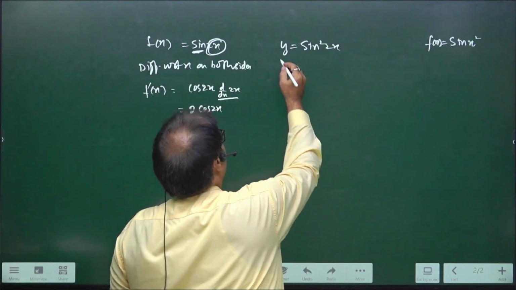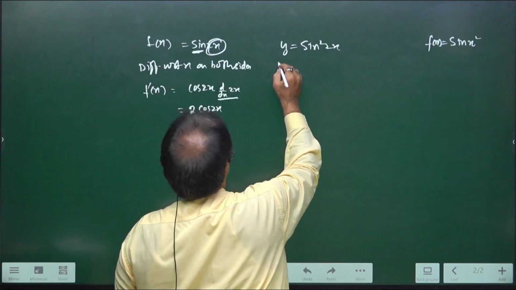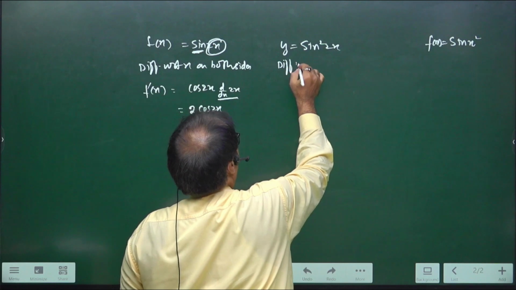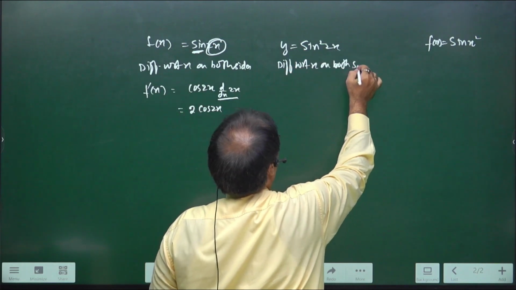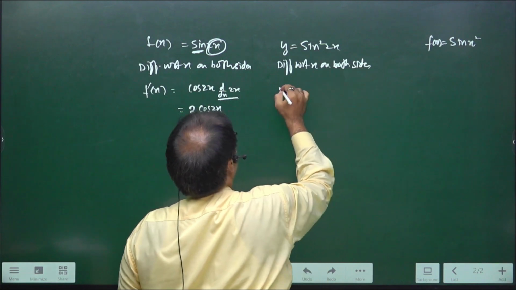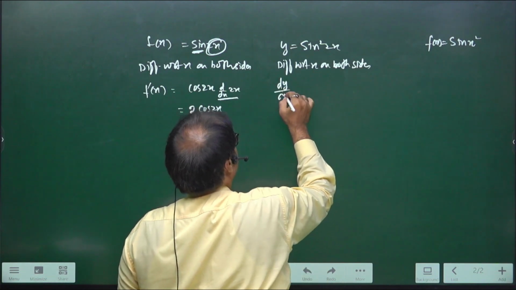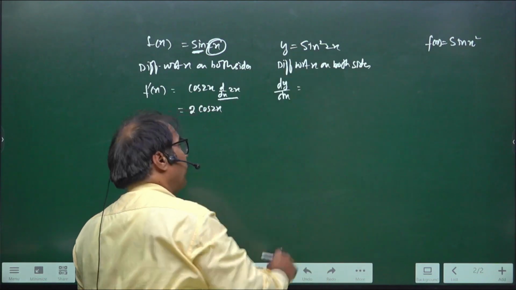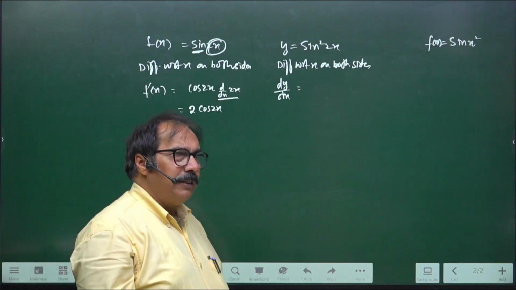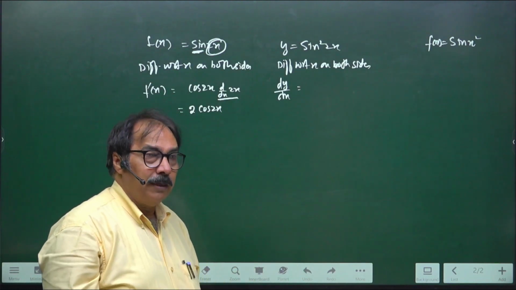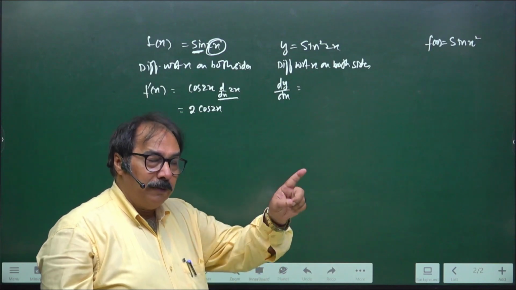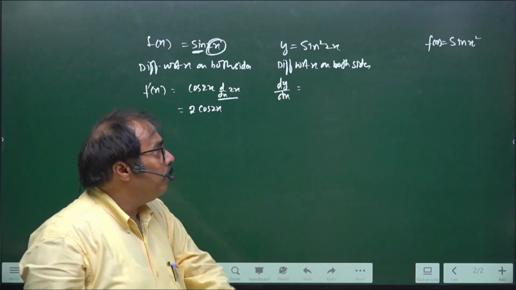Now here y is equal to, differentiate with respect to x on both sides. So y means dy by dx. Now here it is in power. Whenever the question is given in power, first we will differentiate the power, by applying the rule that x to the power n gives n into x to the power n minus 1.